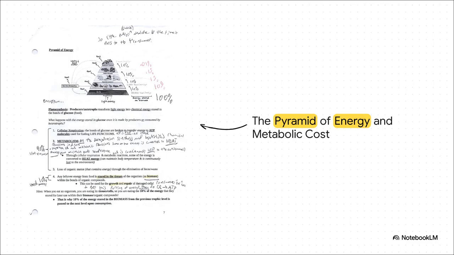It's constantly lost as heat to the surrounding environment, and it's expelled as waste. Only a tiny, tiny fraction of energy is actually stored in the physical tissues, the biomass, available for the next consumer up the food chain. And that is exactly why an ecosystem can comfortably support millions of blades of grass, but only a tiny handful of apex predators like hawks or wolves.